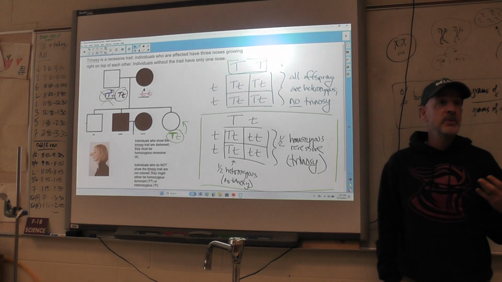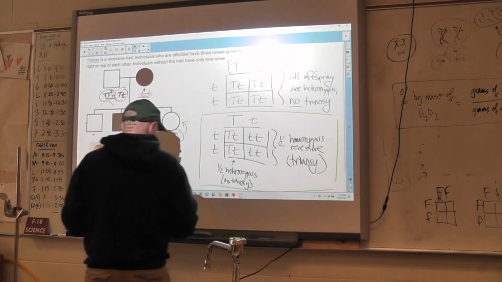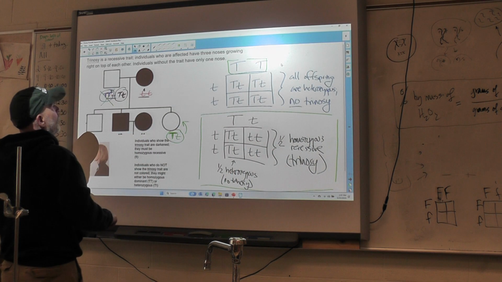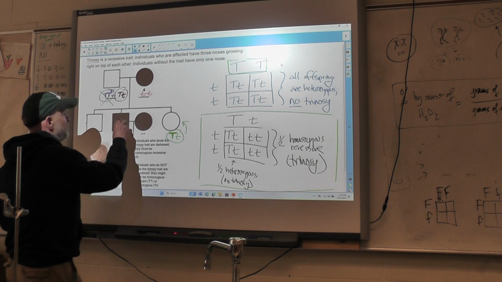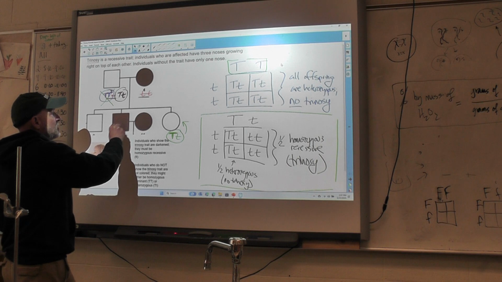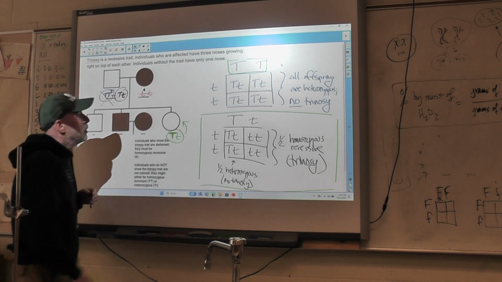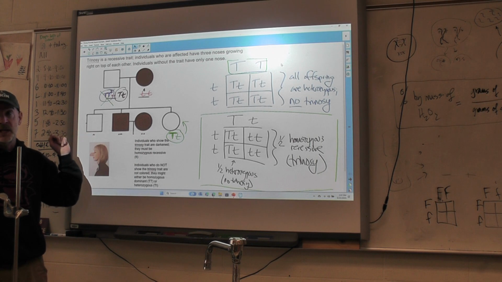There are some times when we can't figure it out. If these two individuals had happened to have children that were all born without trinosy, so if this square had been clear and this circle had been clear, then we would know that none of their offspring were homozygous recessive.